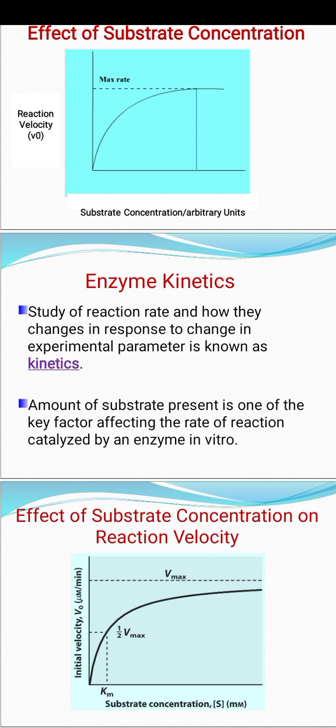This shows these curves. Right? The velocity of an enzyme reaction increases as the concentration of substrate increases. The increase in the substrate concentration may increase or decrease the velocity of the enzymatic reaction. If the substrate concentration is small in proportion to the amount of enzyme, an increase in the substrate concentration will increase the velocity of the reaction. Right?